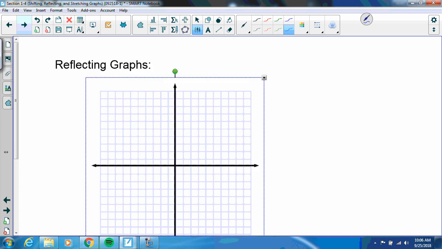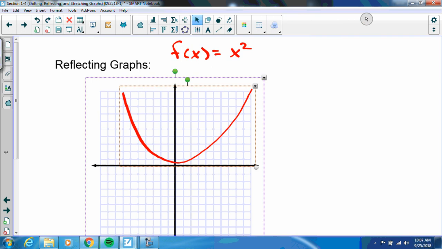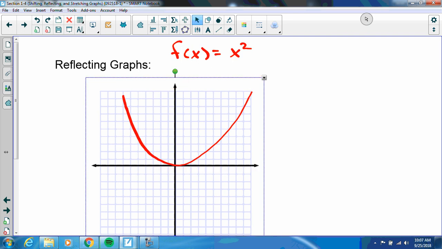Reflecting graphs. I'm going to draw f of x equals x squared. Okay? There you go. We'll call that f of x equals x squared. How do I flip that? How do I reflect it upside down? Make it negative.